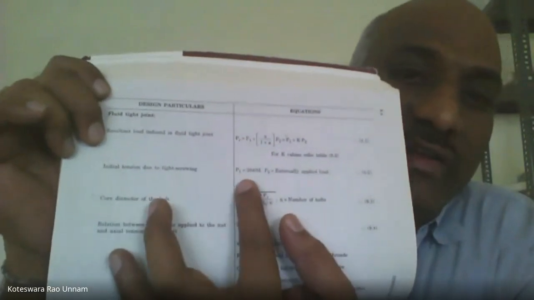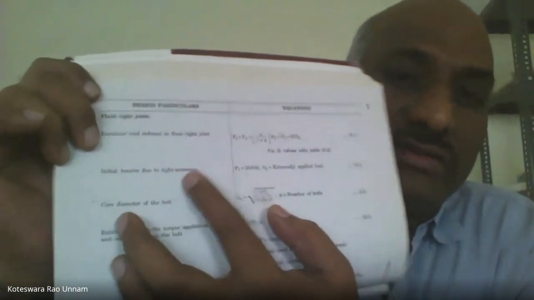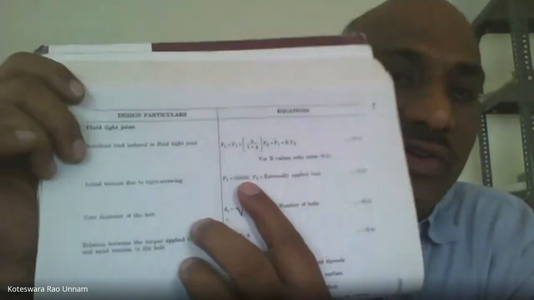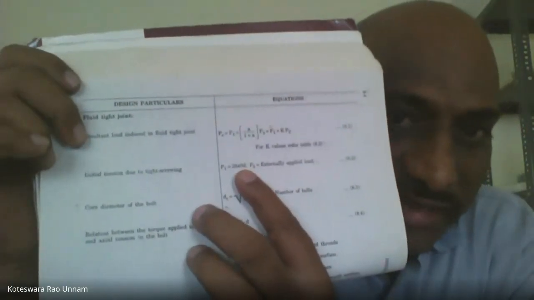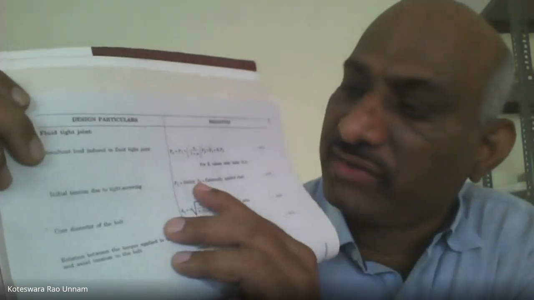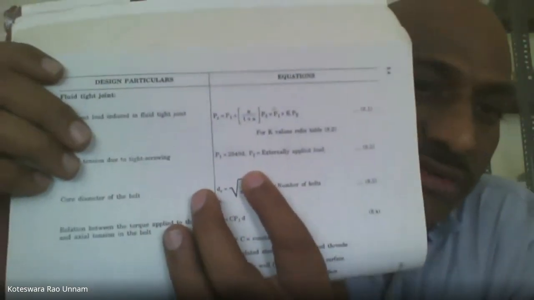For that we should know what the load is, so you can take it here. P1 is equal to 2840 D. What is D here? You can see clearly small d is used in the notation, 2840 into d. So d is going to be the major diameter of the bolt.